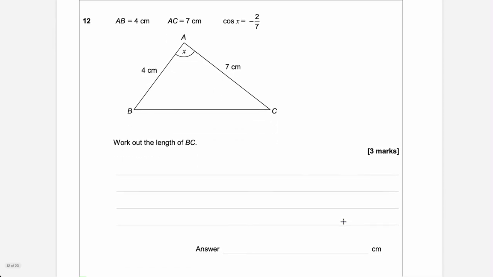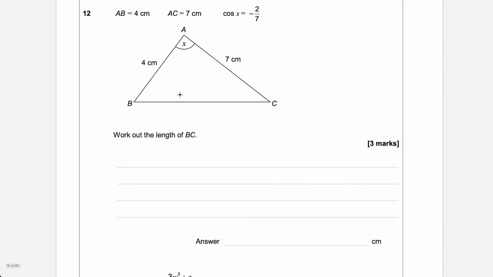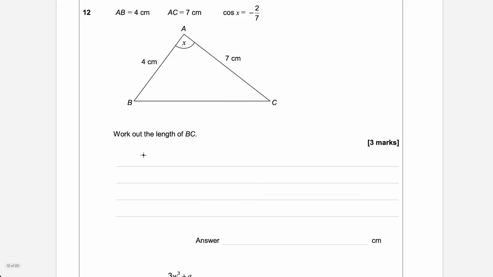Question 12. Okay, AB is equal to 4, AC is 7, cos of x is minus 2/7. Work out the length BC. Okay, this, guys, is just cosine rule. Let us call this, not x, I'll call it y.